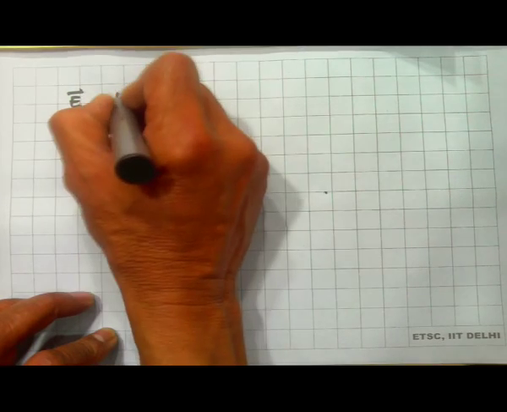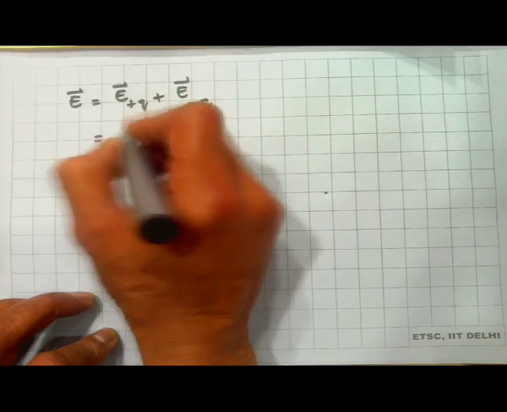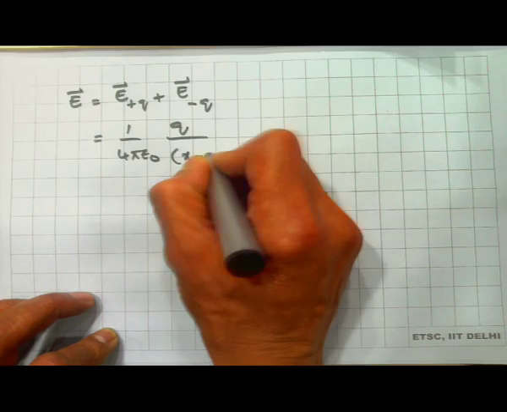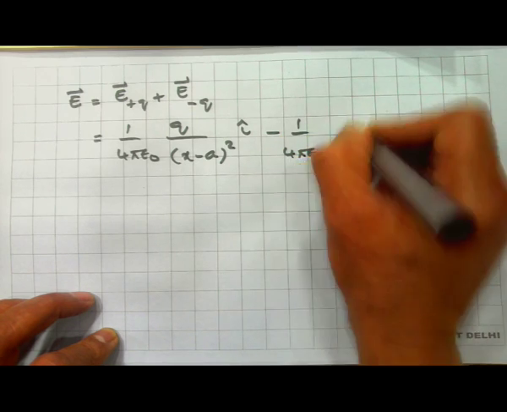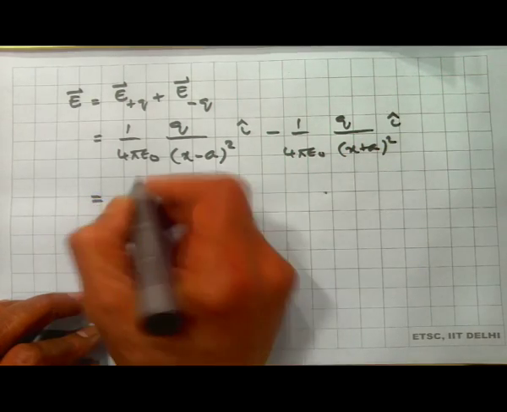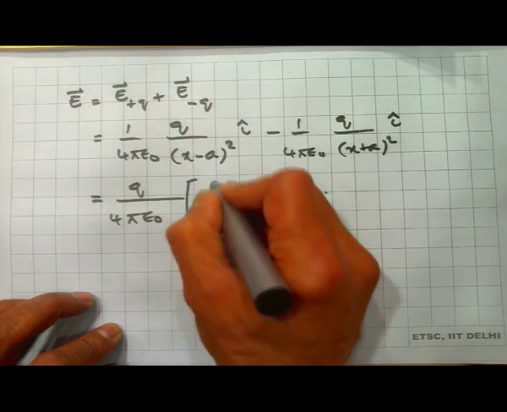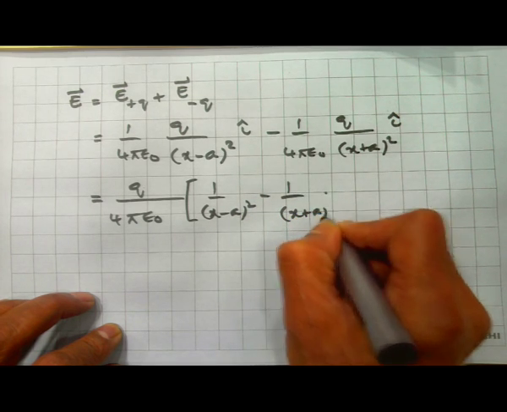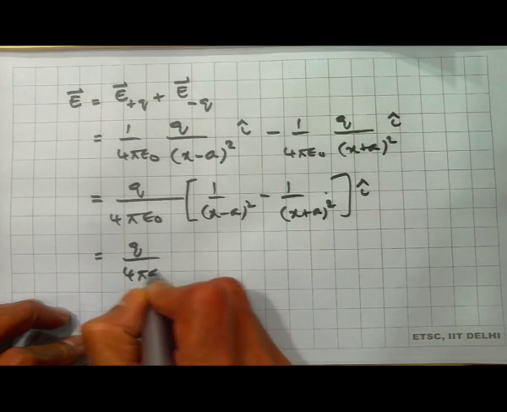E is equal to E plus Q plus E minus Q, which is equal to 1 by 4 pi epsilon 0 Q by (x minus a) whole square i cap minus 1 by 4 pi epsilon 0 Q by (x plus a) whole square i cap, which is Q by 4 pi epsilon 0 times [1 by (x minus a) whole square minus 1 by (x plus a) whole square] i cap, which is equal to Q by 4 pi epsilon 0.